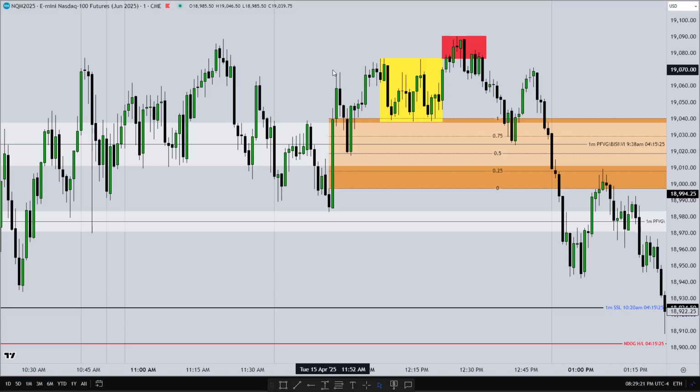So maybe I don't have every single level. I didn't look at this yellow and red box, but these are new things that I pick up on when I go back and look at it in hindsight, right? So it's very cool to be able to do that.